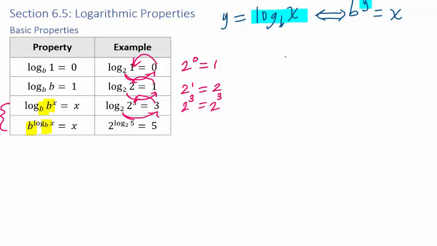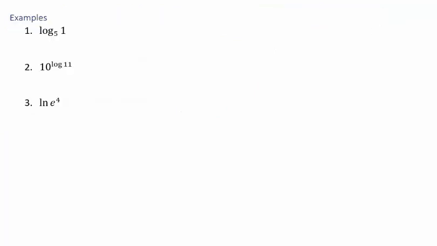So we have x equals b to the y, and since y is equal to the log base b of x, this is equal to b to the log base b of x. And there we have it, same property, just found by kind of composing these earlier two expressions. And let's take a look at a few examples.